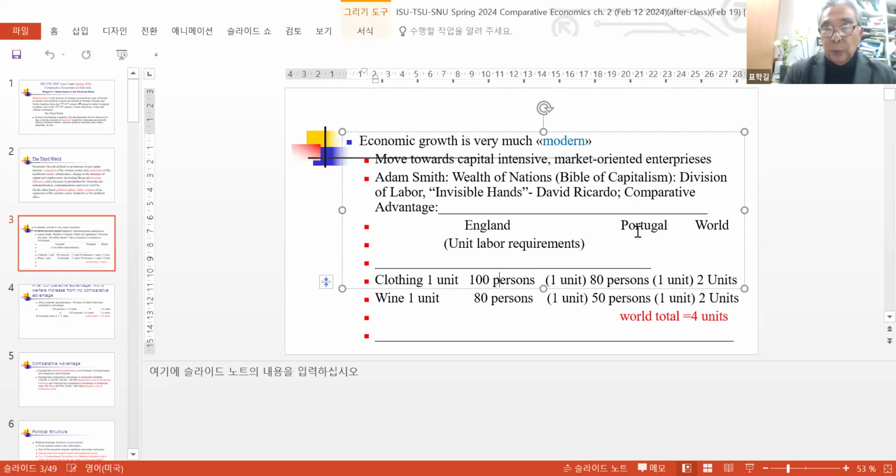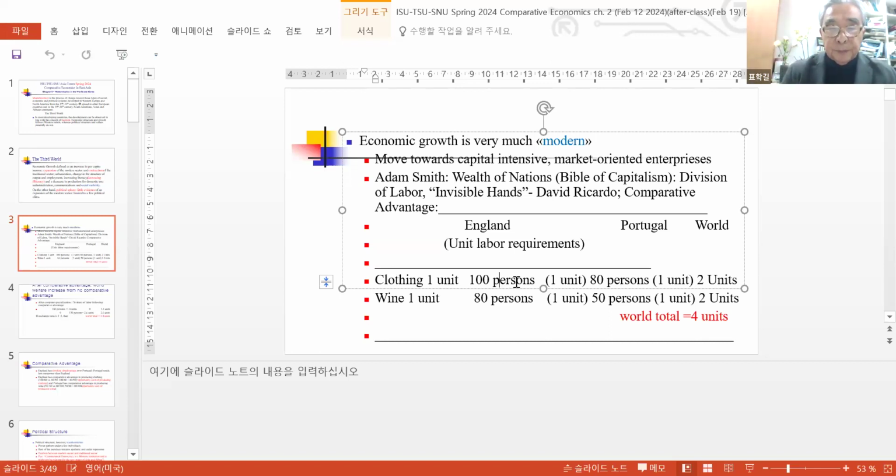On the other hand, in Portugal, 1 person is producing 1 divided by 80 as much. 1/80th unit is produced in Portugal by 1 person. So the number of units divided by number of persons, we define as labor productivity. So per person, how much they produce.